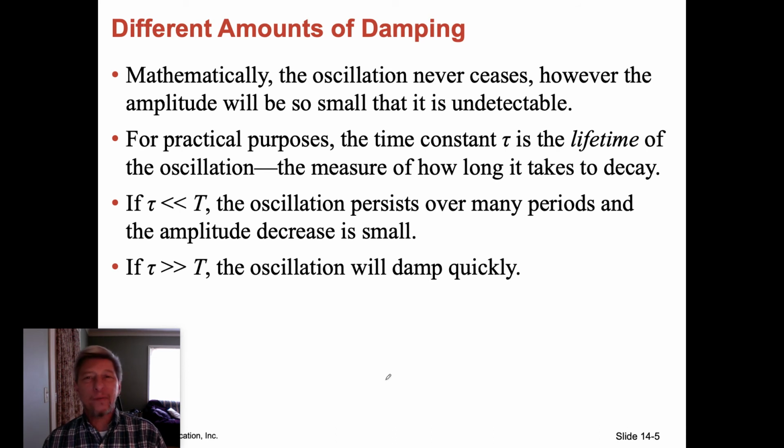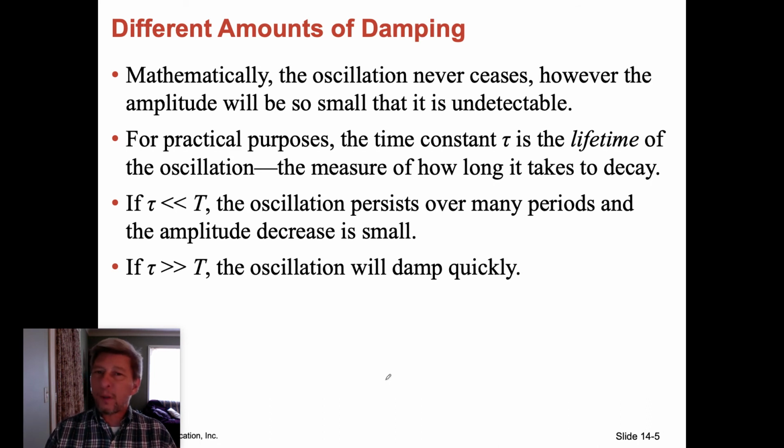If the value of tau is much less than the period, then the oscillation persists over many, many periods, and the amplitude decrease is small. In other words, if the period is a very long period, the change in the amplitude will be exceptionally small.